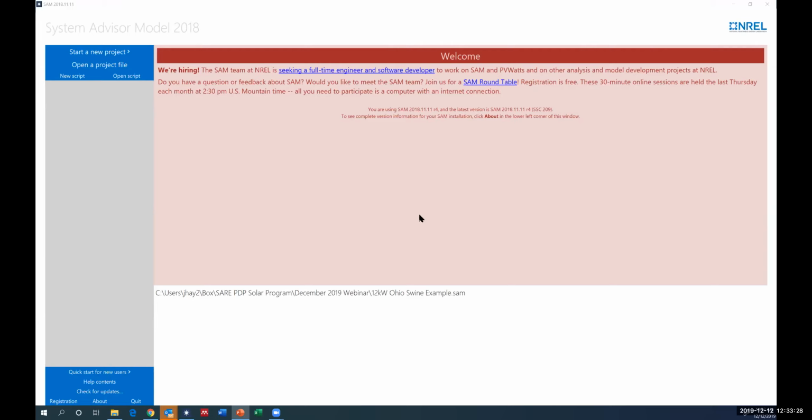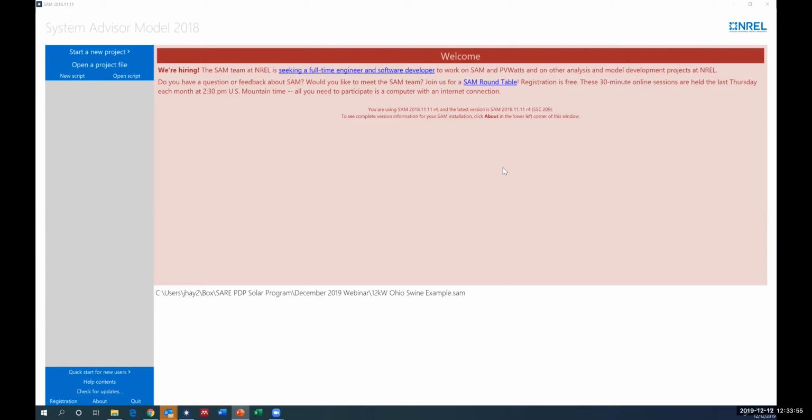I've downloaded the SAM model. When you download it, you register with an email address, and they give you a key code. Every time you open it, it sends the National Renewable Energy Lab a ticker that says somebody used the model. They do that so they can keep track of how much it gets used, which keeps them in funding so they can keep doing new updates.